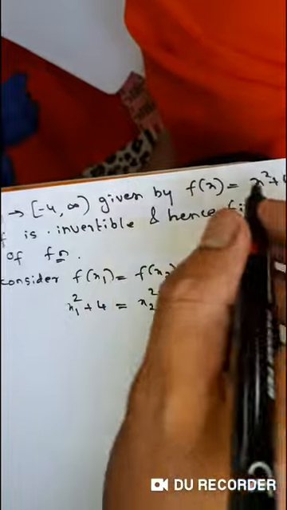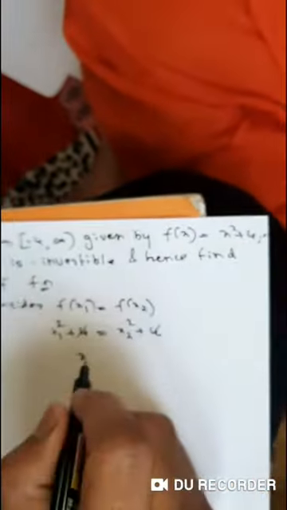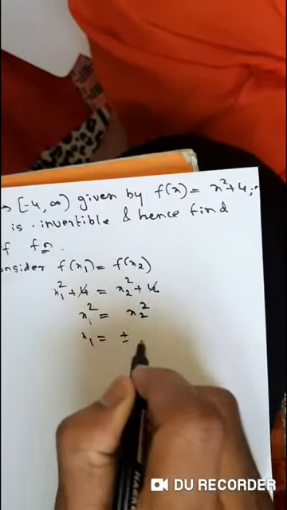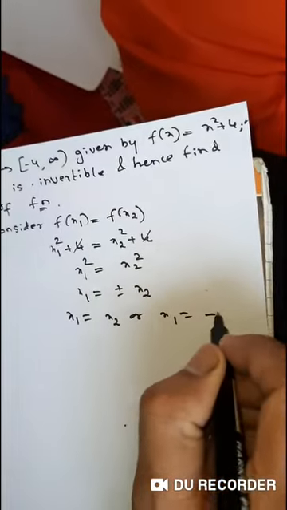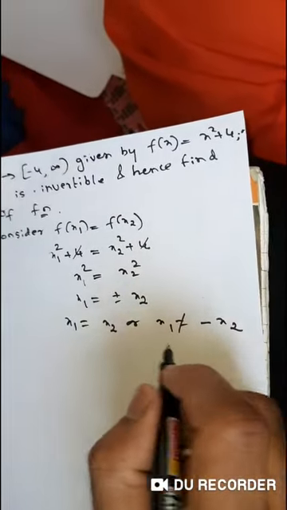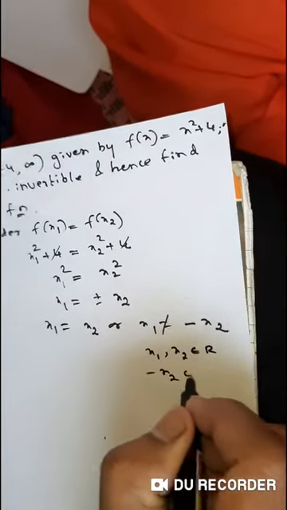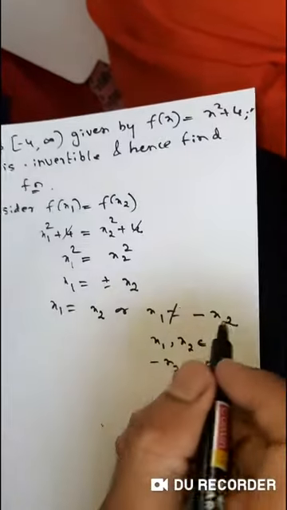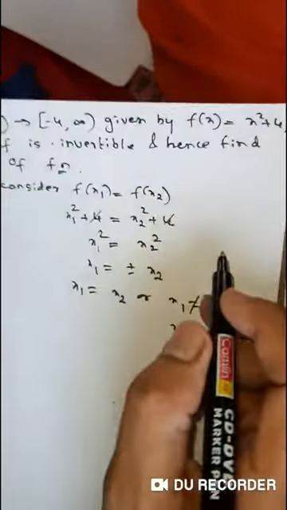So x1 square is equal to x2 square, so x1 is equal to plus or minus x2, but here x1 equals x2 only, because x1 cannot be equal to minus x2, since x1, x2 belong to R plus, so minus x2 cannot belong to the positive real numbers. So only x1 equals x2. So the function is one-one.